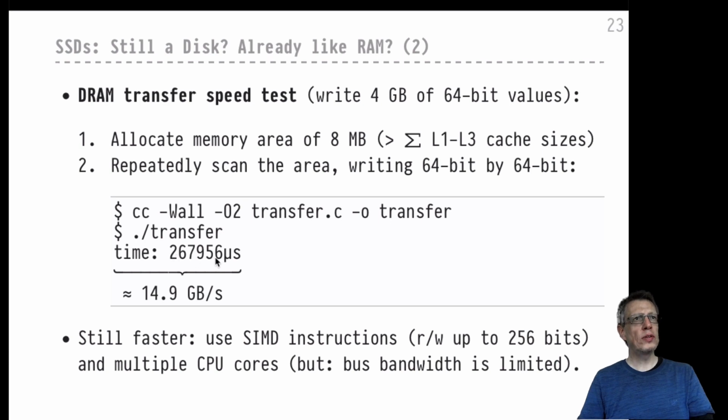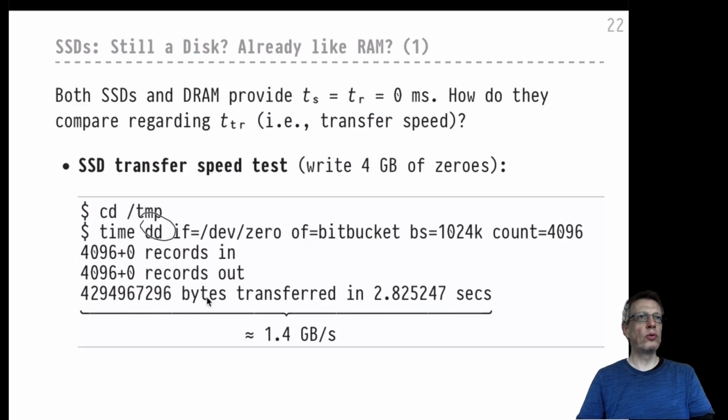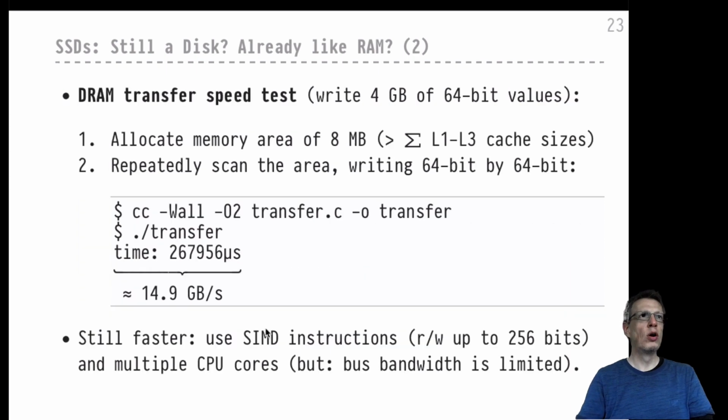So looking at this transfer time for 4 gigabytes, it's easy to compute that it's about 15 gigabytes per second. 15 gigabytes per second I've written into DRAM. This is compared to the 1.4 gigabytes per second that I could write to the SSD. So writing to DRAM is still 10 times faster.